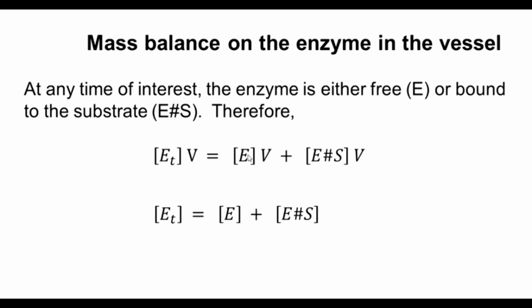Now, since all the volumes are the same, we get equality in concentrations. The concentration of the total enzyme equals the concentration of the free enzyme plus the concentration of the enzyme bound as enzyme substrate complex. And therefore, this is just a transposition of this equation: the concentration of the enzyme substrate complex is the total concentration of the enzyme minus the concentration of the free enzyme.